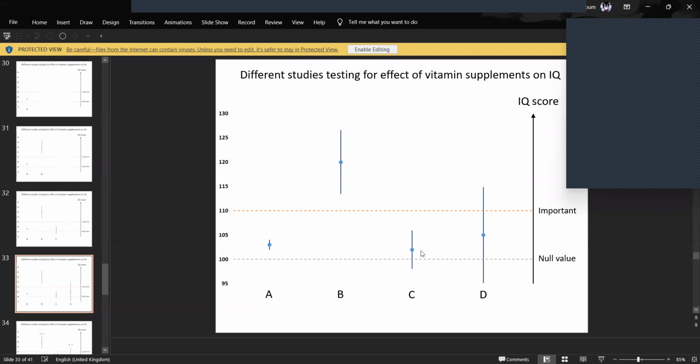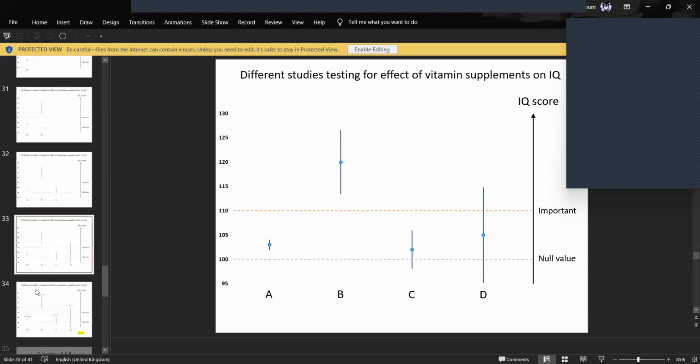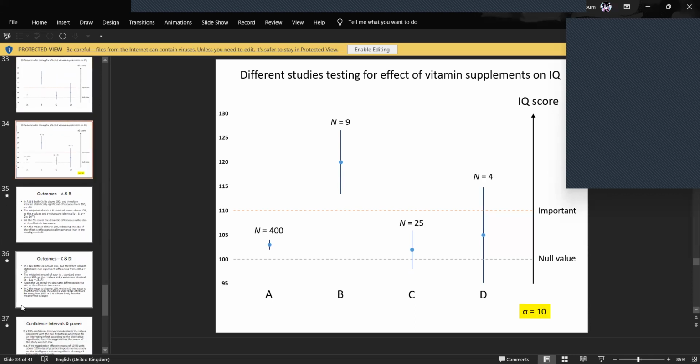We have treatment C, which is crossing the null value line, so it's not statistically significant. And finally, we have treatment D, which is crossing the null value, so we can say it's not statistically significant, but it is also crossing the line of clinical importance. So there is a chance treatment D might be clinically important, but we don't know that yet, right? And so this is just the different samples. And as you can see, larger sample size gives you a more narrow confidence interval. All right.